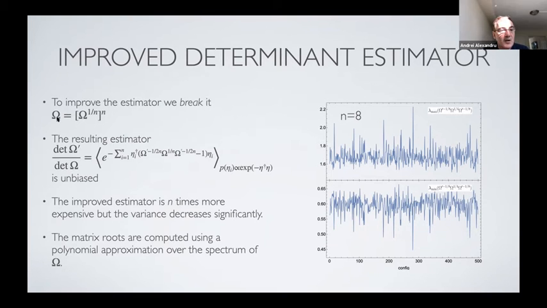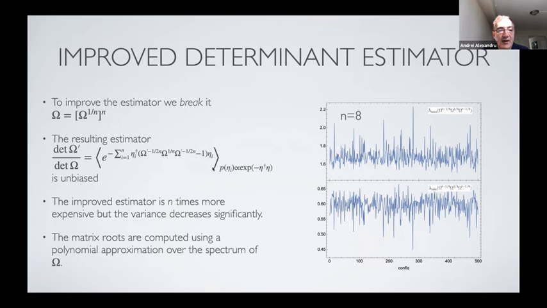The only thing that you have to be careful about is to figure out a way that keeps the algorithm exact. So the approach we used is to break the matrix omega, take the nth root, and then apply it n times. The estimator that you construct out of this involves the nth root and the 2nth root of the inverse of these matrices.